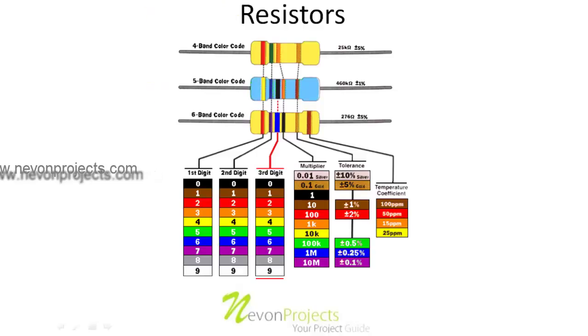So this resistor is 25 kilo ohm, and the tolerance band is in golden color. For gold we have 5% tolerance, so this resistor is 25 kilo ohm with a tolerance of 5%. A tolerance actually means that the resistor value may vary between plus 5% and minus 5% of 25 kilo ohm. So this is how a resistor value is calculated using the color bands.